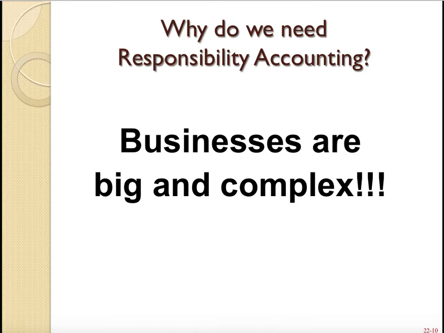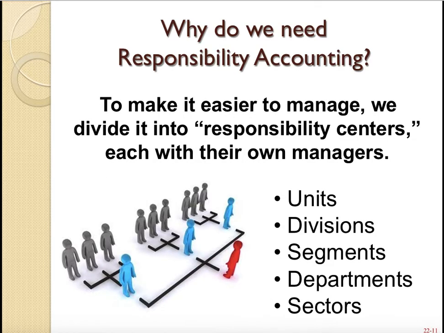Okay, we need responsibility accounting because businesses are big and complex. There are a bunch of different pieces and moving parts going on, and it's impossible for one manager to manage all of it. Like, yes, I know Brian Cornell manages all of Target, but not at that detailed level that each of the individual stores need. So in order to deal with that, we make those big complex businesses easier to manage by dividing them into responsibility centers.